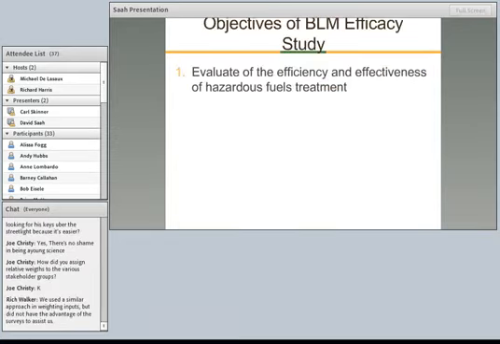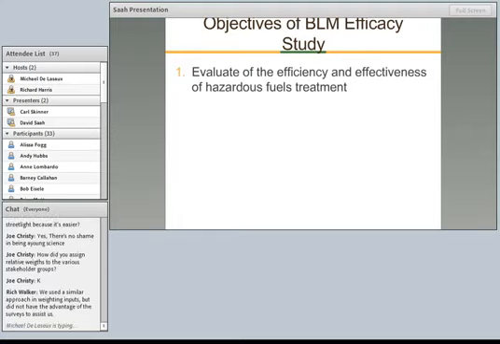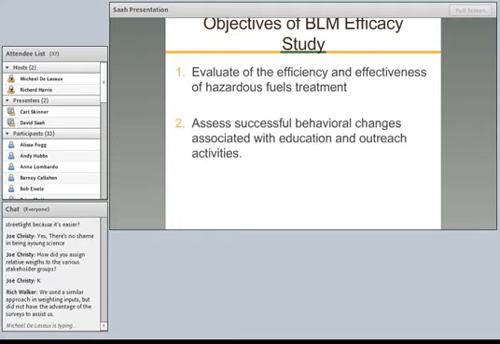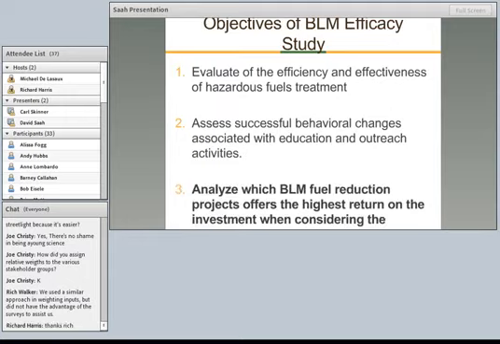The next example that we're going to talk about was a project that we did with the Bureau of Land Management, and what they were really trying to do was three things. They were spending quite a bit of money trying to look at the efficacy of their fuel treatments that they were putting on the ground. They were also wanting to see how much change was actually occurring from a lot of their outreach activities.